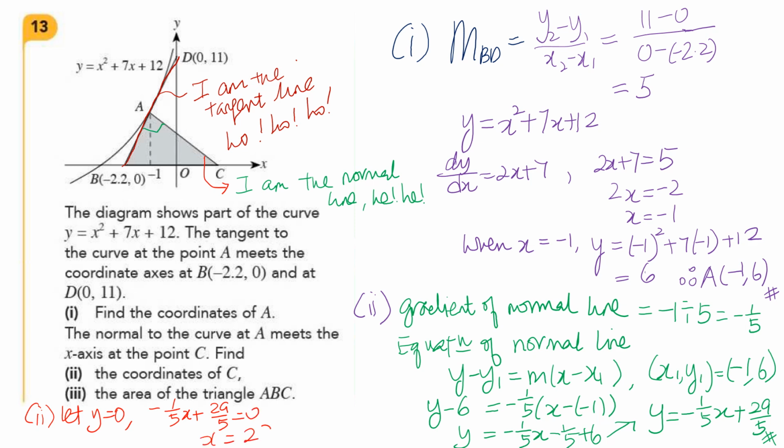X will be equal to 29. Therefore your point C will be 29, 0. Okay? Right, so the next thing is to find the area of triangle ABC. I'm running out of space. I'll see you at the next slide.